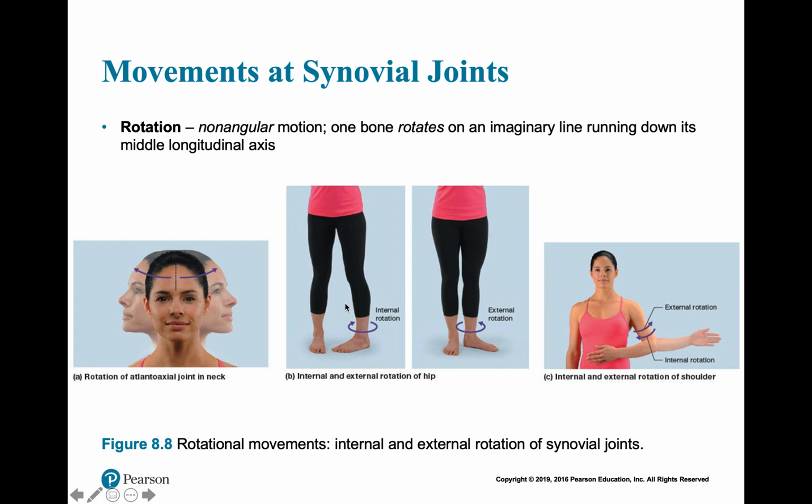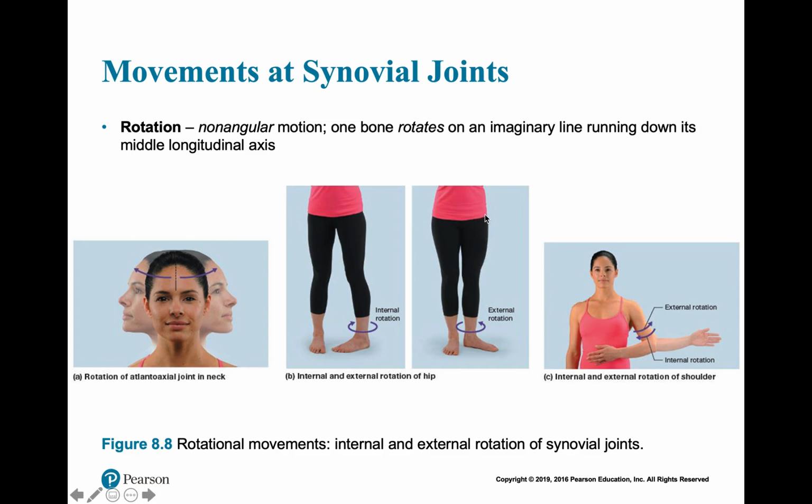The other joints that allow for rotation include your hip joint. If you're standing upright and you point your toes inward, that's internal rotation. If you point your toes outward, that's external rotation at the hip. Make sure you're doing these movements as I talk about them, because it makes more sense if you actually move your body around.